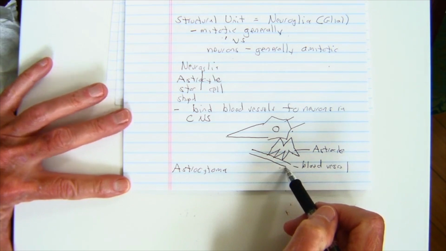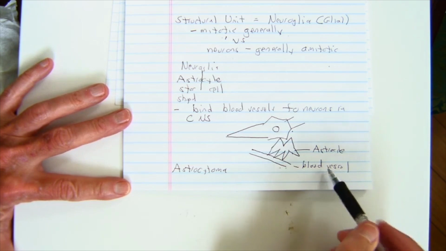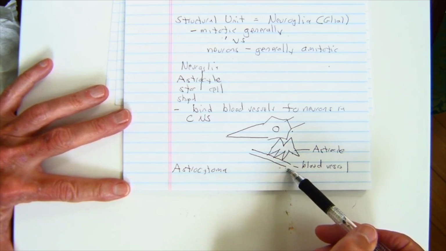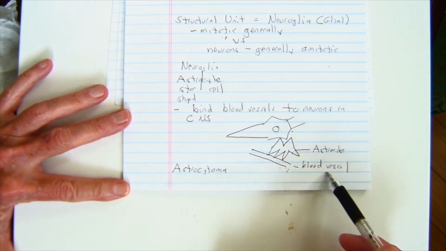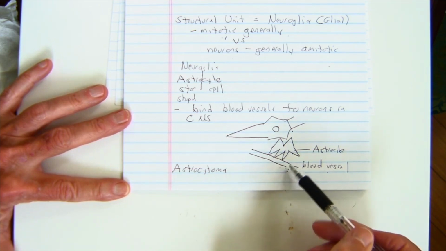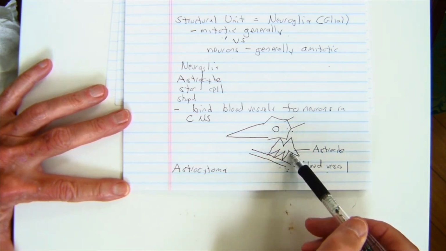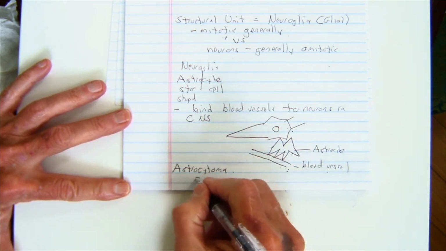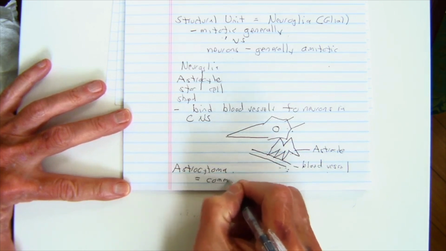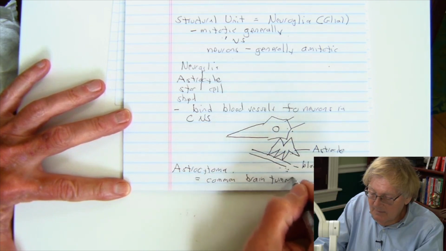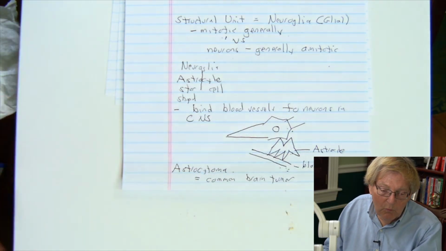And so I may start out with breast cancer or melanoma, but because the systemic circuit would bring those cancer cells from the melanoma that might be on my back into the bloodstream or systemic circuit going to my brain, those cancer cells would transfer over to my astrocytes and I would develop an astrocytoma. So the astrocytoma is a common brain tumor. Okay? So that's one of them.